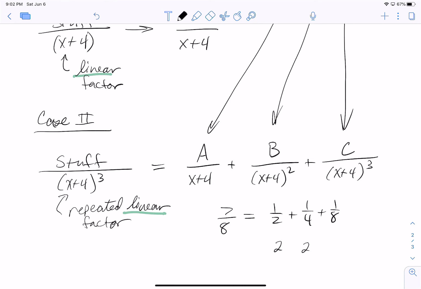For 1/4, it's 2 squared. For 1/8, that denominator is 2 cubed. Notice that the result of adding those together, 7/8, has a denominator of 2 cubed. Therefore, we should consider the base with every possible exponent, starting with 1, all the way up to the exponent that we actually see for the repeated linear factor.